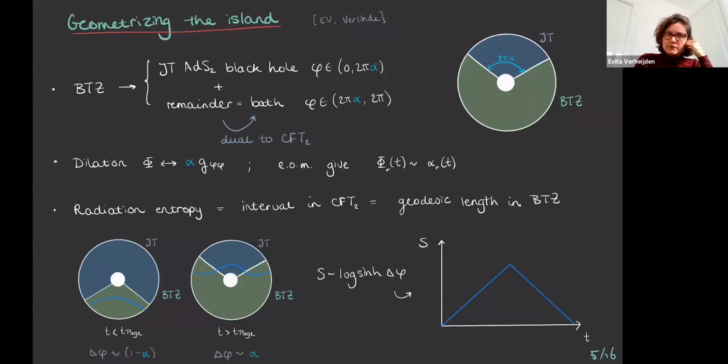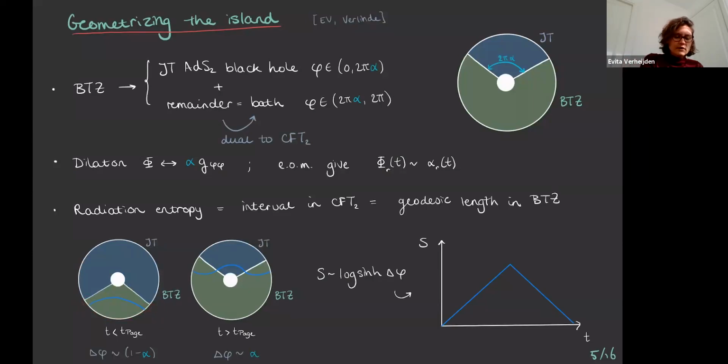And as I said, then we want to do our computations for the entropy in 3 dimensions. We're going to say that the radiation sits in this dual CFT, and it basically boils down to computing the entropy of an interval in the CFT, basically this interval of the radiation entropy, which then is just a simple geodesic length in the BTZ geometry, where we should take this distance to 0, but I'm just leaving it finite for clarity.